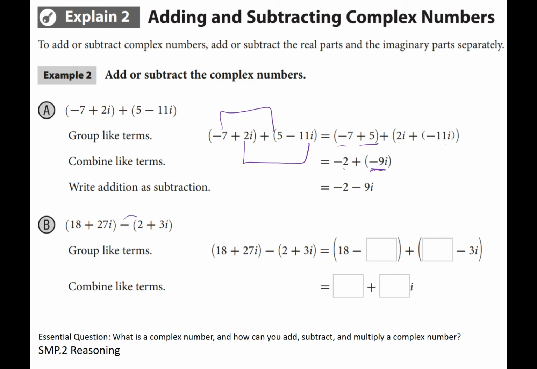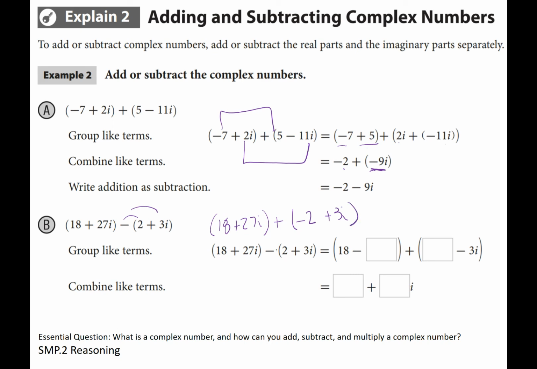Here we would want to distribute that through first, which is what they did here. So they got 18. They did it really weird, didn't they? Okay. So they missed their distribution step. They didn't show that. So 18 plus 27i plus -2 plus 3i.